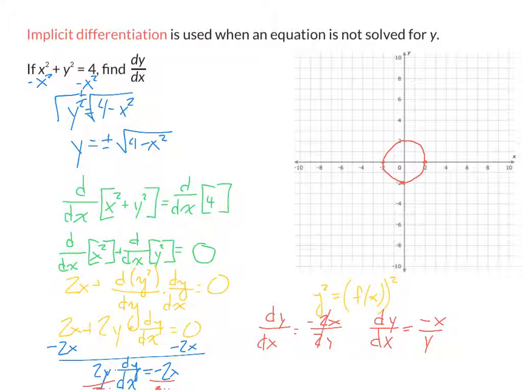And so to read this, we're looking at this as the derivative of y with respect to x, so the derivative of our function y, or equation with y by itself, with respect to x, is going to be the same as negative x over y. And so remember that has to do with the slope of the tangent line. So let's pick one of these points on the circle, and I'll choose this one right here.